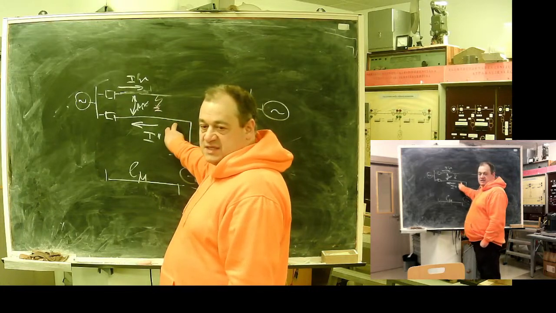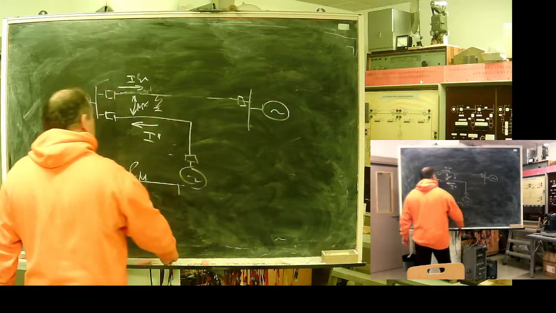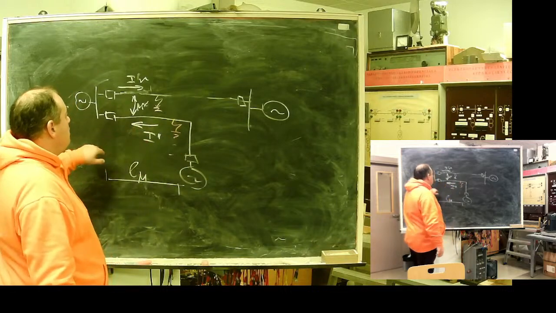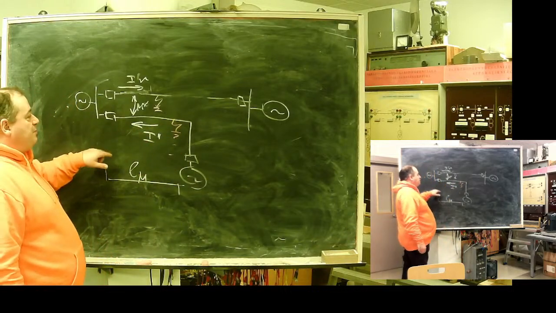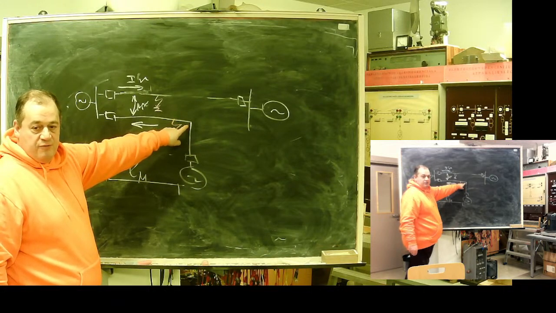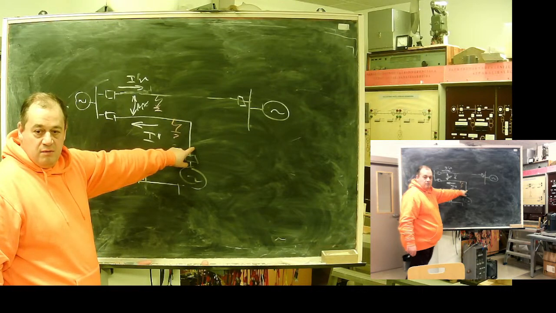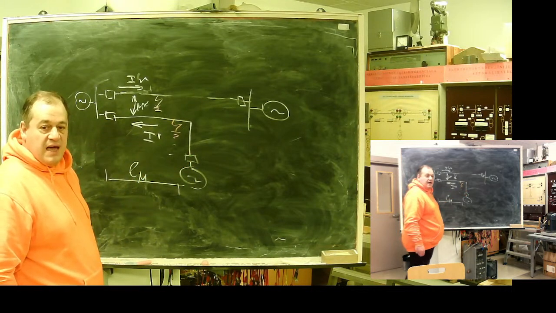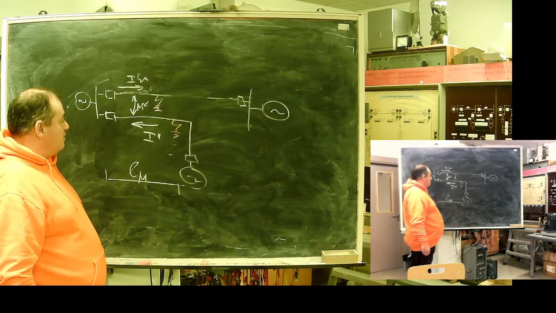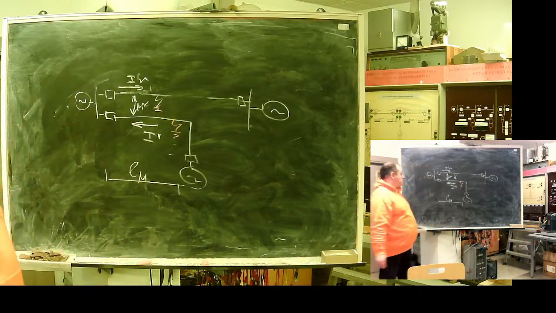Fault here on this line. For this fault, what will happen in this area? Decrease of resistance. In this area, again, decrease of resistance.